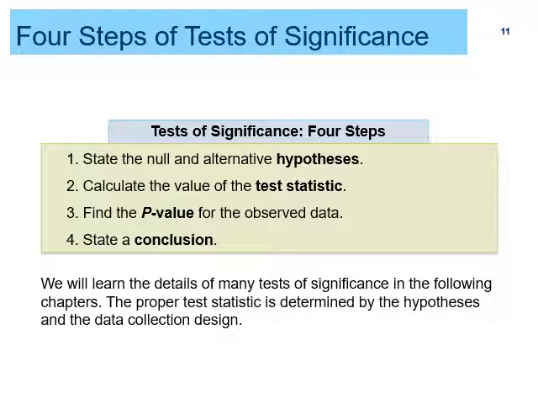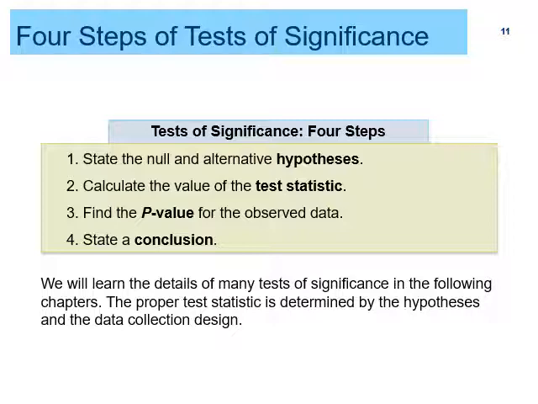It means it's a commonly accepted fact that researchers work to nullify. After that, we calculate the value of the test statistic and find the p-value for the observed data, and lastly we state a conclusion. We will learn the details of many tests of significance in the following chapters.